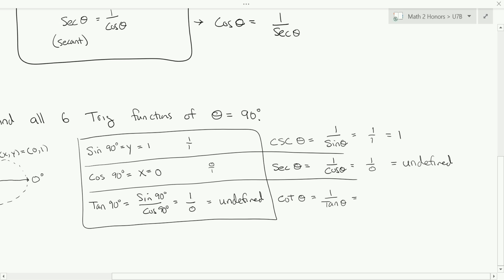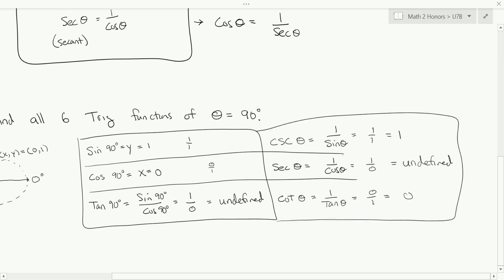Take that fraction and flip it over, and you get 0 over 1, which is 0, okay? So here, remember that the reciprocal of 1 is 1, the reciprocal of 0 is undefined, and the reciprocal of undefined is 0, okay?